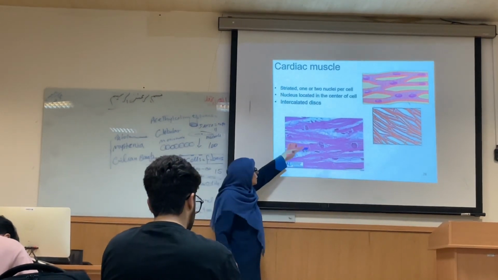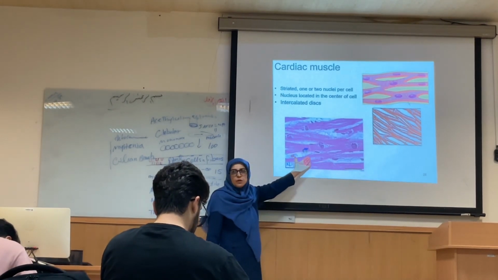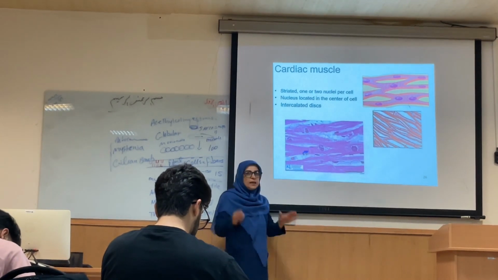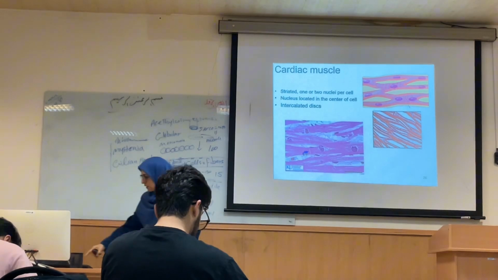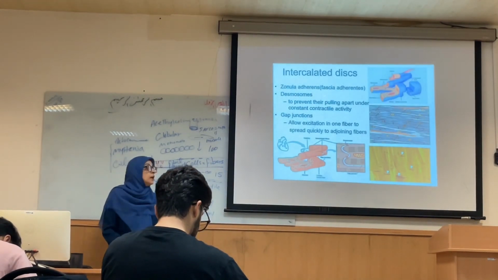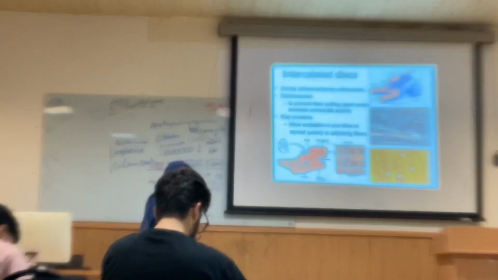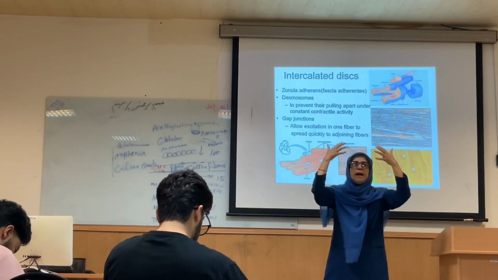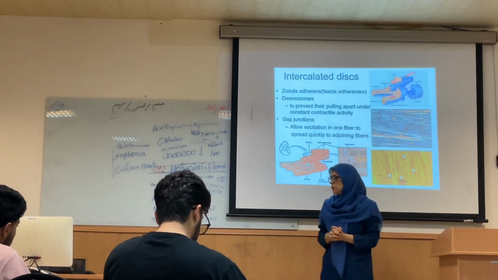The intercalated discs appear under the microscope with hematoxylin and eosin as some transverse lines located between the cells. What are these structures? Intercalated discs include some junctions that attach cells together and also communicate them together.